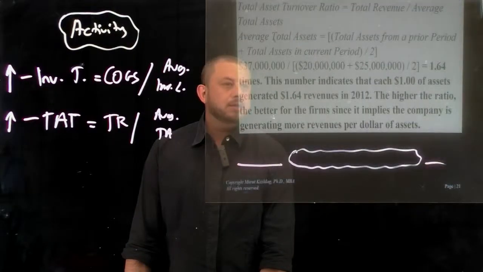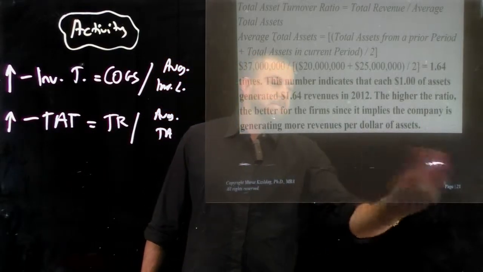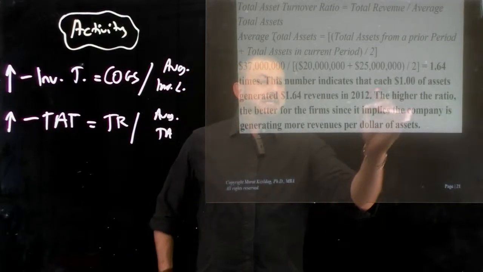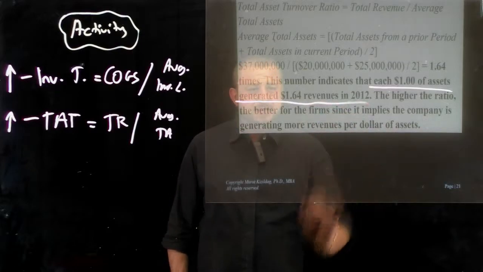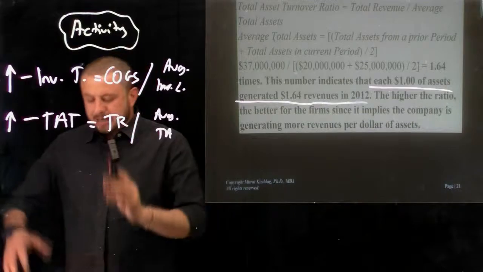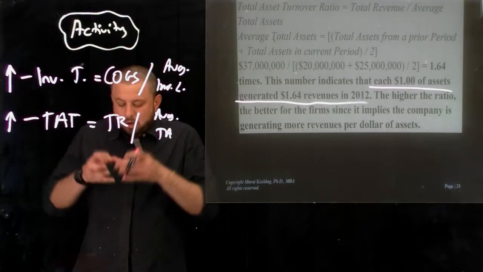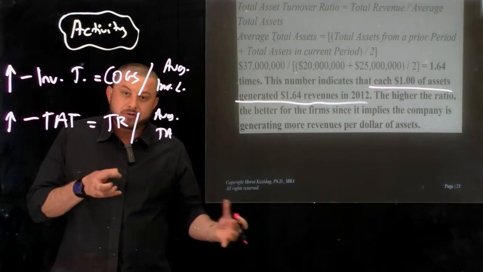Let me just scroll down and discuss this a little bit. This number indicates that each dollar of assets generated $1.64 in revenues. Great. That is just great. I have a piece of the asset worth $1, and that piece generates $1.64 in revenues in return.